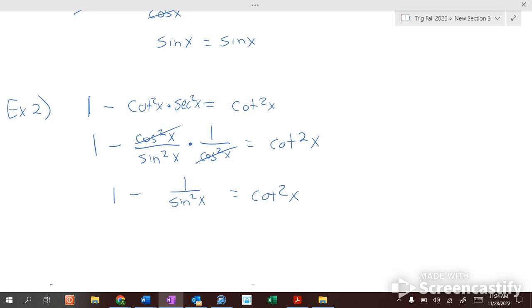Maggie's saying we put it into cosecant. So if we rewrite 1 over sine squared as cosecant squared of x, I know my Pythagorean identity, which says 1 plus cotangent squared of x equals cosecant squared of x. Oh, I bet this is negative cotangent squared of x.